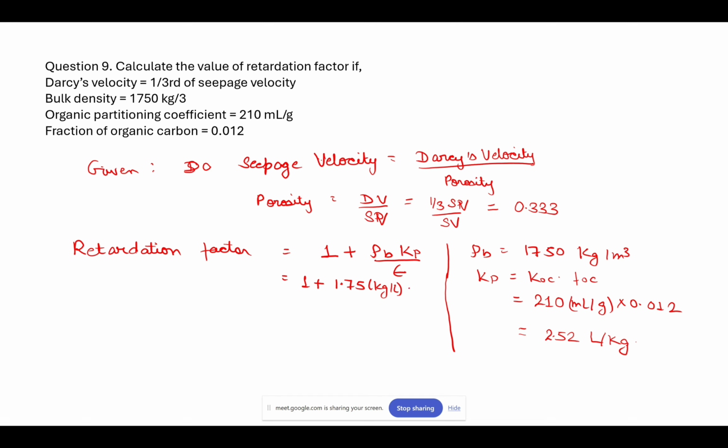And Kp is 2.52 liter per kg, divided by porosity, which is 0.33. So let's solve this and we will get the retardation factor.